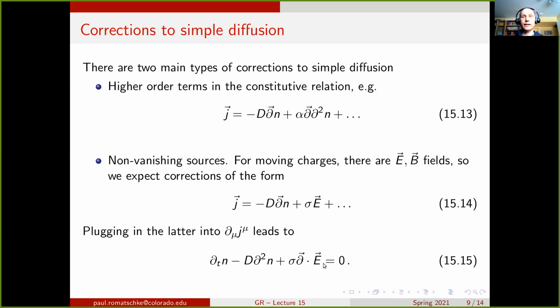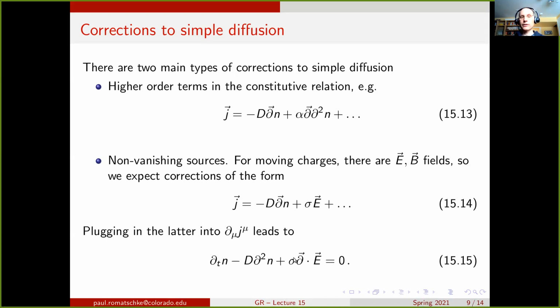You can say that there is an external electric field E, and I want to see what my charge density n does in the presence of this background external electric field E. And then you can go and solve this equation here. Or you can say that what I'm interested in is the electric field that is generated by my moving charges n themselves, so that's coupled back to my diffusion equation.